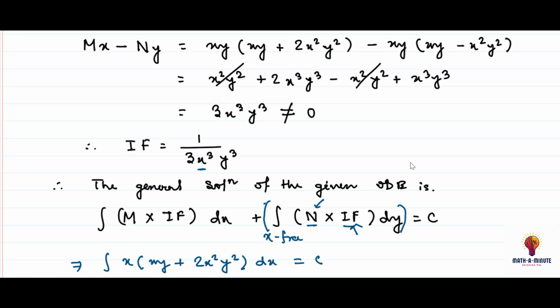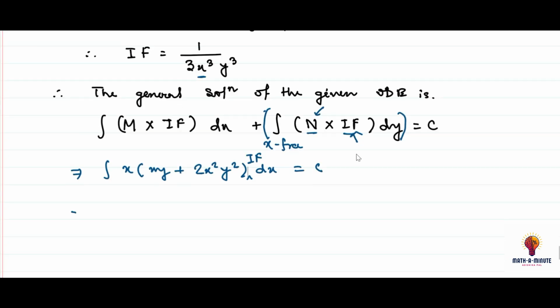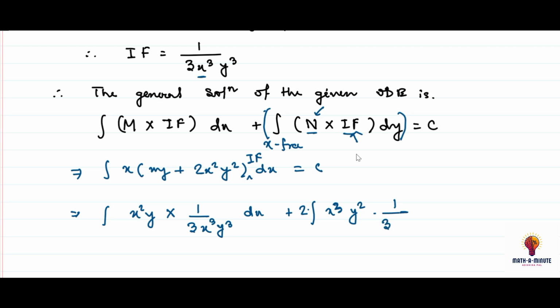If we multiply this with the integrating factor, it will be integration of x²y into 1 by 3x³y³ dx, and the second term will be 2 integration of x³y² into 1 by 3x³y³ dx equals c.